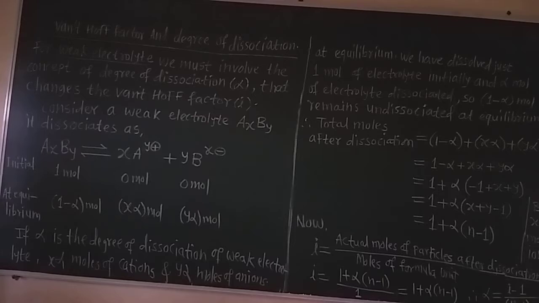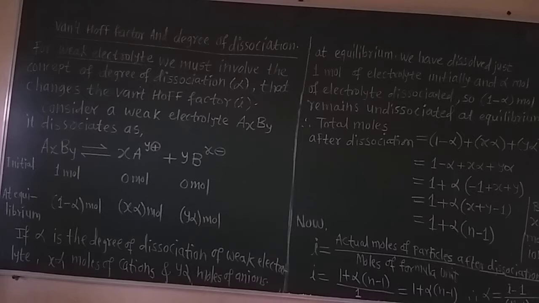In 11th standard, we learned that alpha is the degree of dissociation for a weak electrolyte, as weak electrolytes dissociate in very small quantity. So for the Van't Hoff factor of a weak electrolyte, we must involve the degree of dissociation alpha. The degree of dissociation changes the Van't Hoff factor value, that is i.